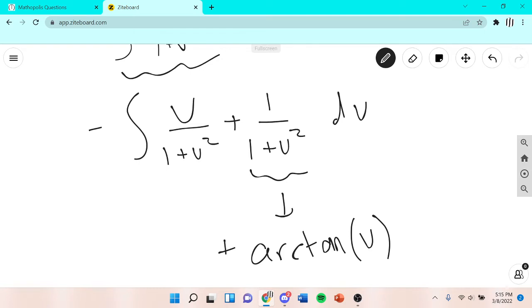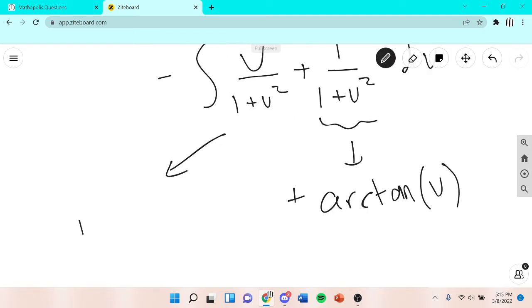And then this one we can use u-substitution. I'm going to say that if I set 1 plus v squared equal to u, du is equal to 2v dv.